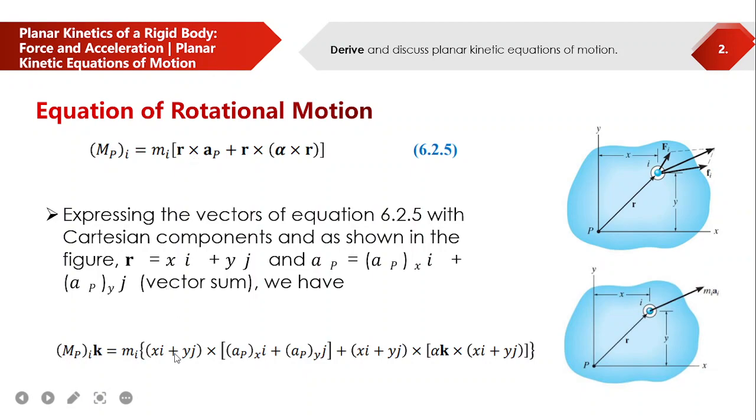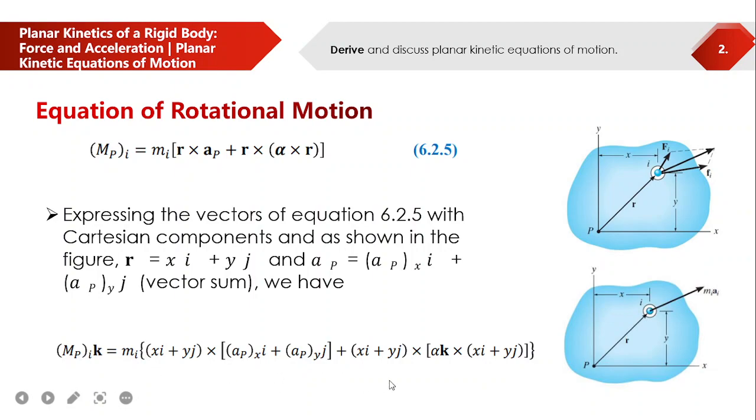For r, it will be x i plus y j, times a sub P x i plus a sub P y j, since it has two components, x and y. Then for r, same here, that will be x i plus y j. For your angular acceleration times r, you just multiply by the vector k for the angular acceleration so that you can have your scalar quantity.